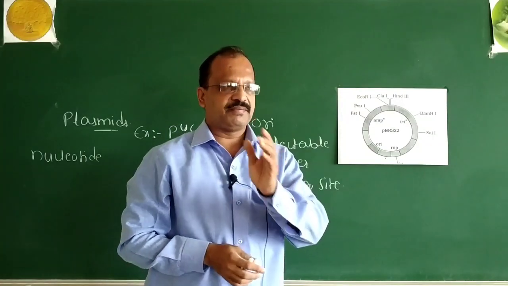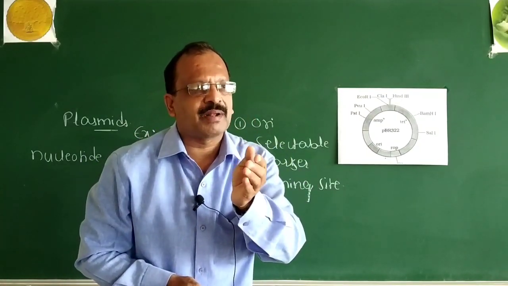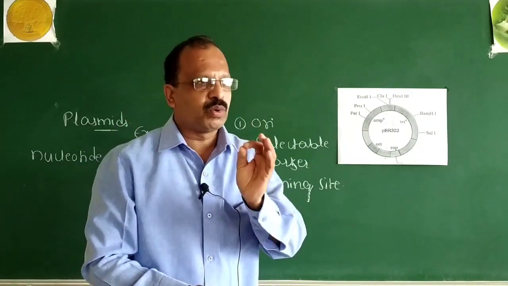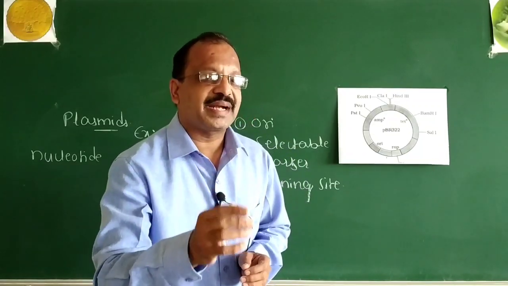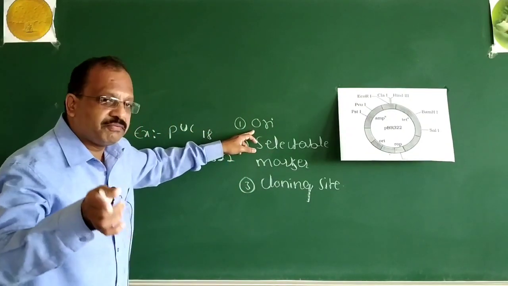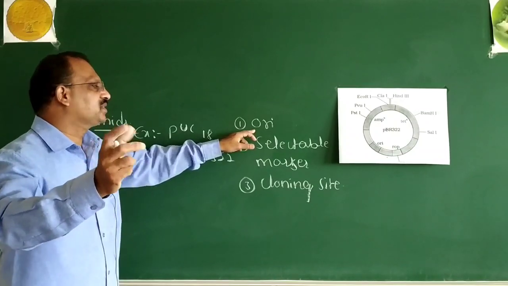Already I covered the definition of replication. The process of formation of a replica is known as replication. It is one of the most important properties of DNA, an autocatalytic function of DNA.